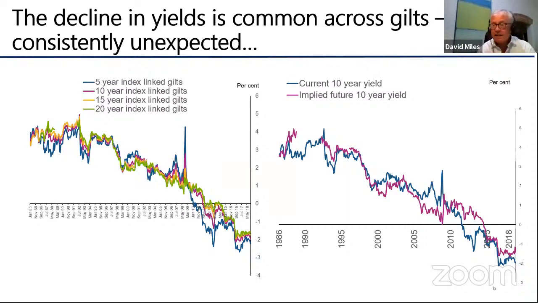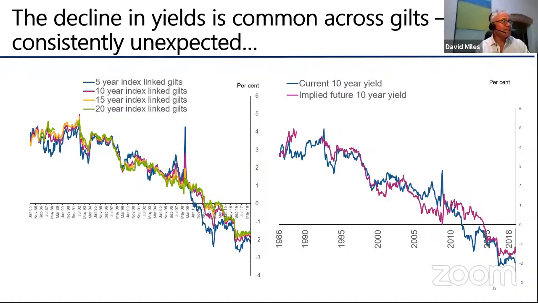And the purple line is the so-called implied futures rate. In other words, based on the 10-year yield and the 20-year yield and the 30-year yield, you can work out, with some bond maths that I'm sure many of you are familiar with, what the market thought the 10-year yield would be in 10 years' time at each point in time.